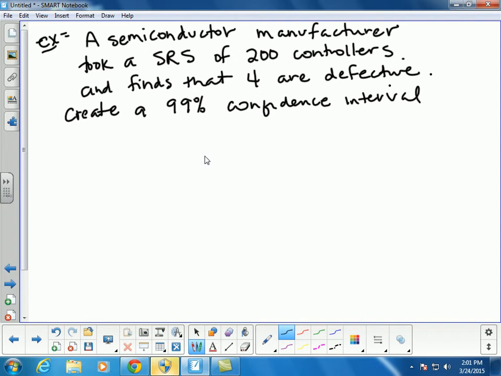So we're going to find a 99% confidence interval for the true proportion of defective controllers.